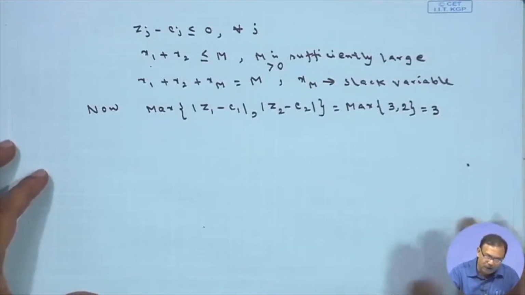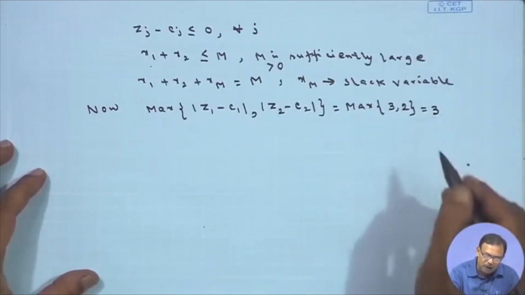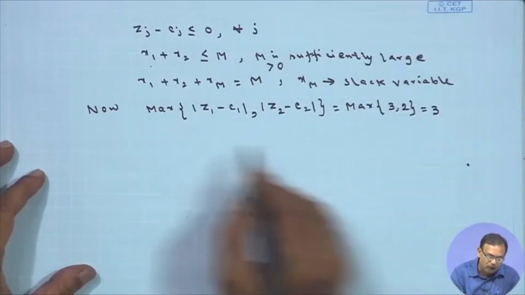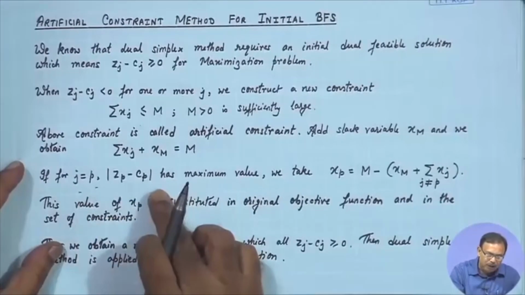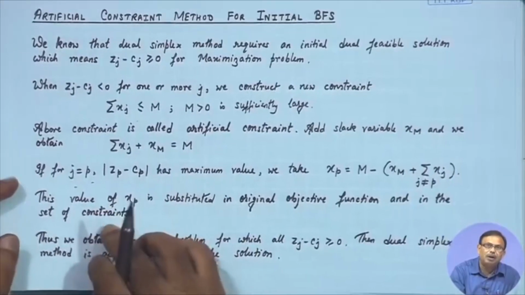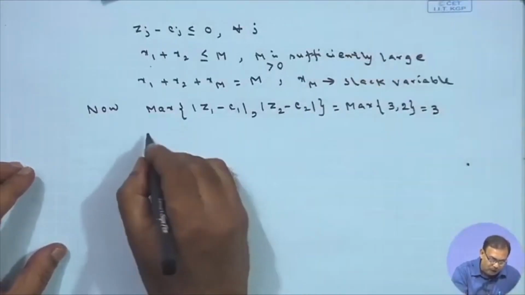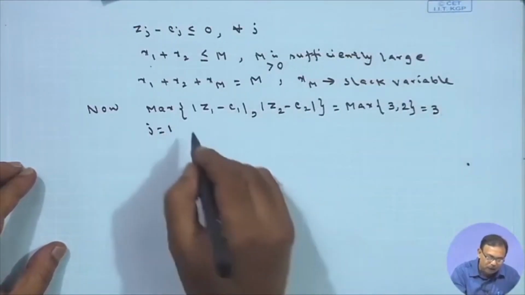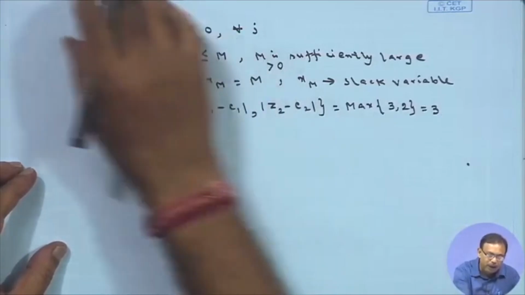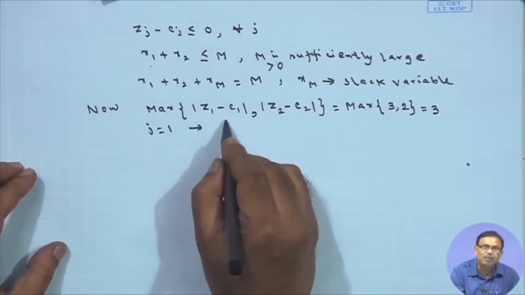And this 3 occurred for which one? x 1. So, effectively, for which j equals p is z p minus c p maximum? It is for j equals 1. So, for j equals 1, that is for the variable x 1, z 1 minus c 1 is maximum.